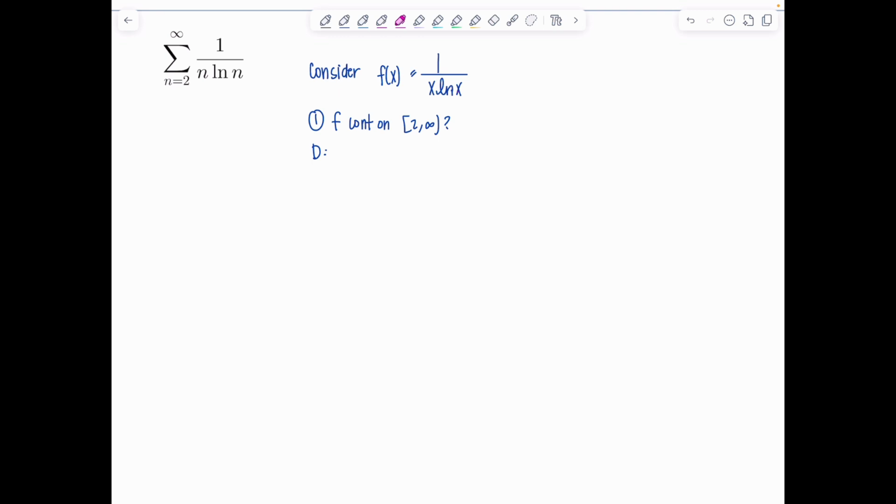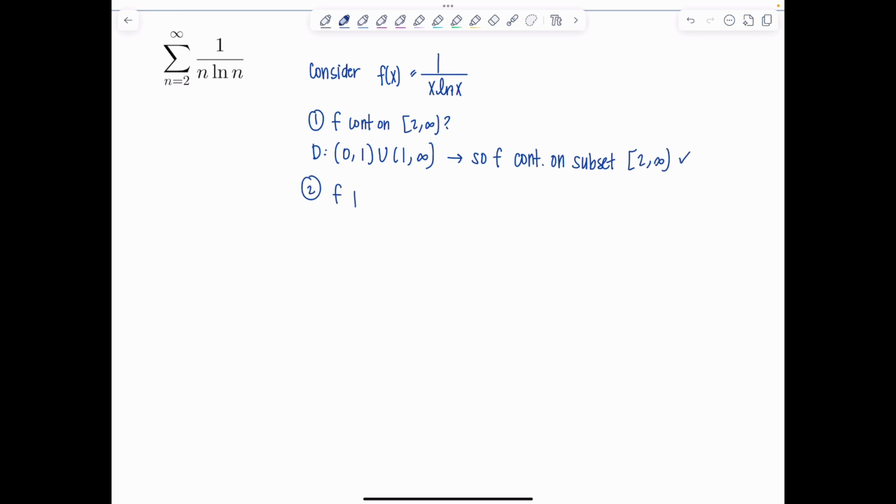But I also can't include 1 because that would make the denominator 0. So the domain is going to go from not including 0 to 1 union 1 to infinity. Well, do we have any problems? We're only looking at 2 to infinity, a piece of this interval, so we're cool. So f is continuous on the subset from 2 to infinity. Whew, that was a close one.